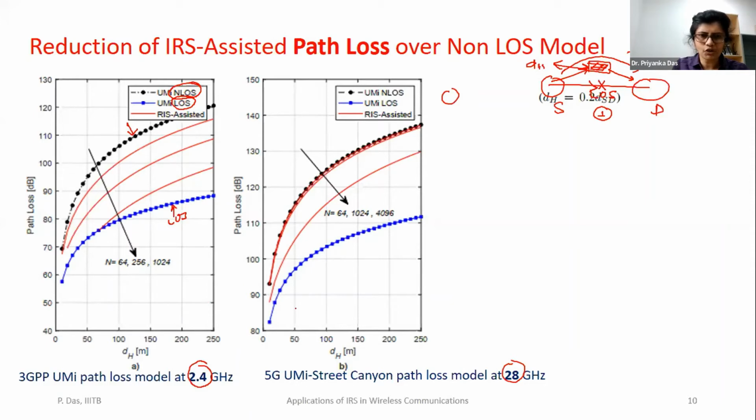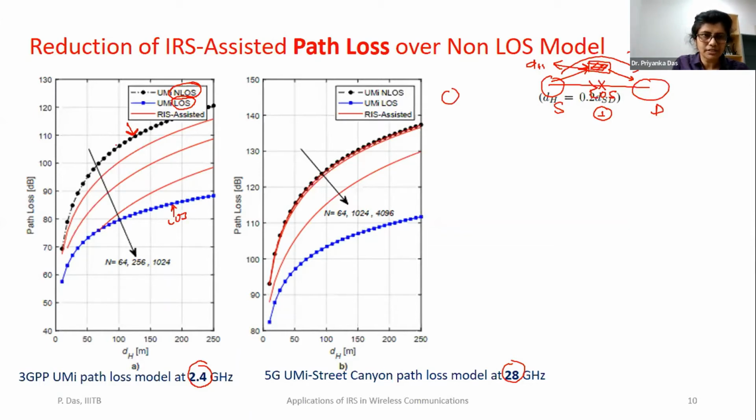Okay, they plotted for two different frequencies. Now the path loss is the maximum when we talk about non-line of sight without IRS, which is as expected. There is no IRS, no direct link, you will get greater path loss.